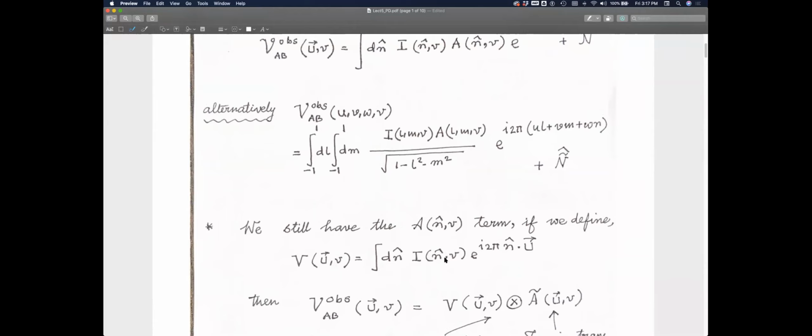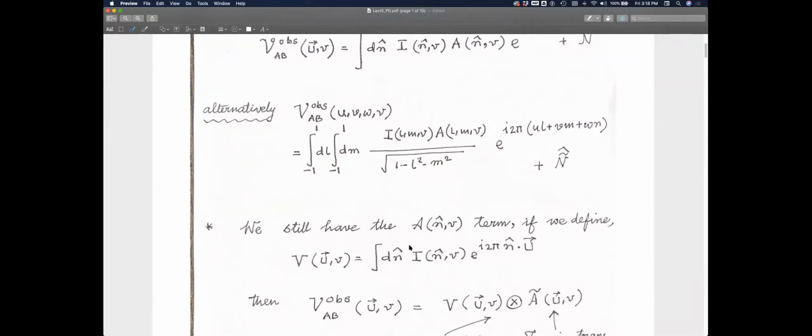But if my source doesn't have any frequency dependence, then you get extra information from different channels, because all the channels now have the same information about the source, which is I as a function of n cap only, not a frequency dependence. So I can actually combine the visibilities observed at different channels.